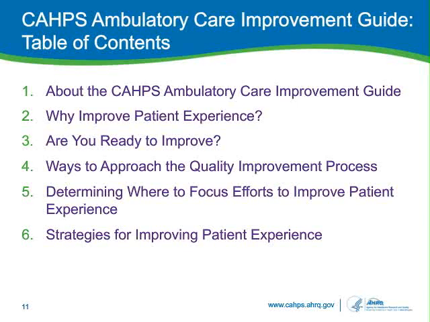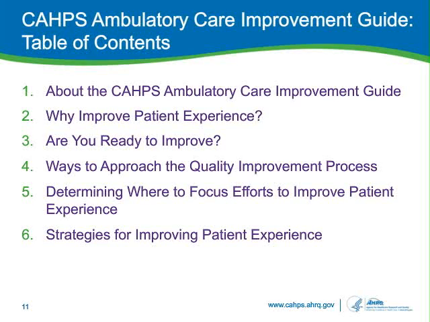We have a section that focuses on different methods of quality improvement because we found over the years that the capacity to do quality improvement well is often something that especially needs to be developed and strengthened in the ambulatory care setting. We also have a section on analysis and how you decide where you're going to focus your improvement efforts. And then finally, the last portion of the guide focuses on all the different strategies for both health plans as well as ambulatory practices that can be used to improve the patient's experience.